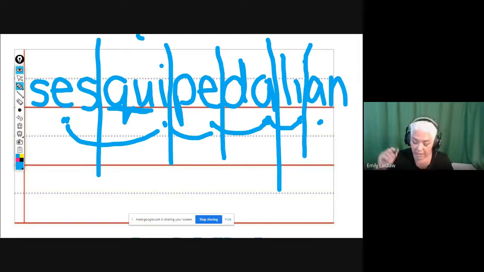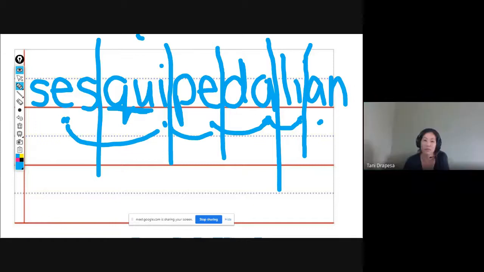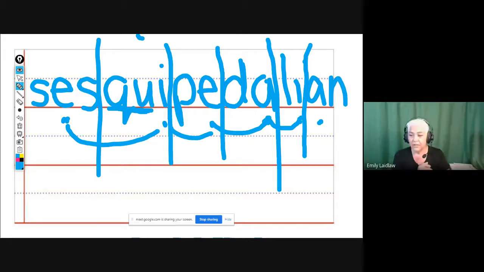Now here's where we have to know 3 rules. If a syllable ends with a consonant, the vowel uses its short sound. Or if you don't want to use short and long, you can say if a syllable ends with a consonant, the A says ah, the E says eh, however you want to do it.